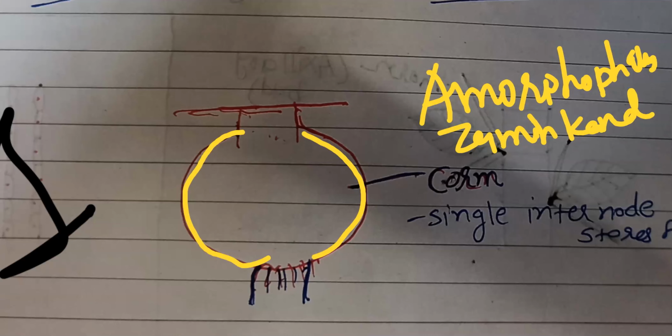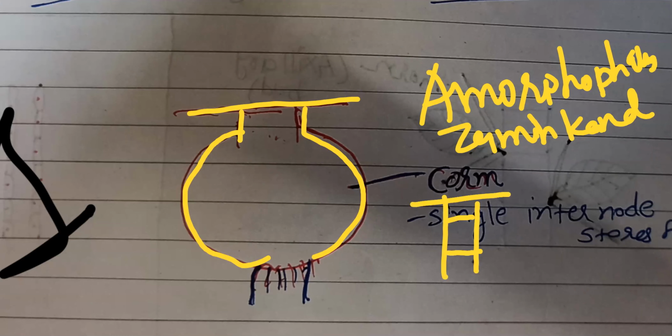So underground stem, right over here, underground stem. In that, on the stem, nodes and internodes are there. Only this single internodal region stores the food and becomes swollen.